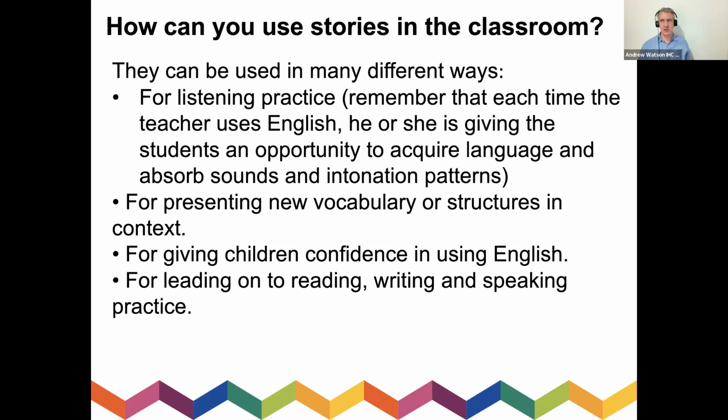Now, according to the natural approach of English language teaching, students need lots and lots of exposure, right, to sounds and intonation patterns.